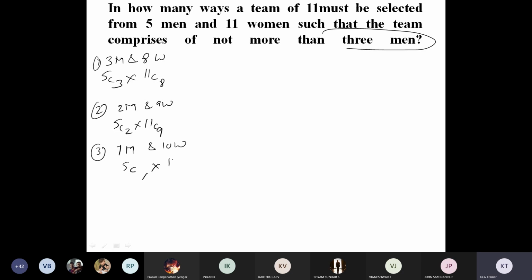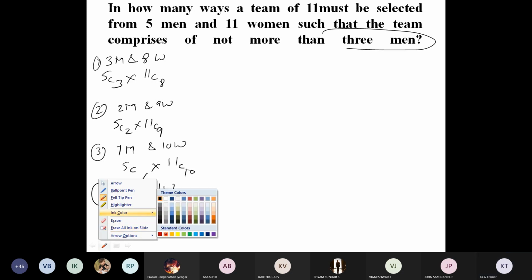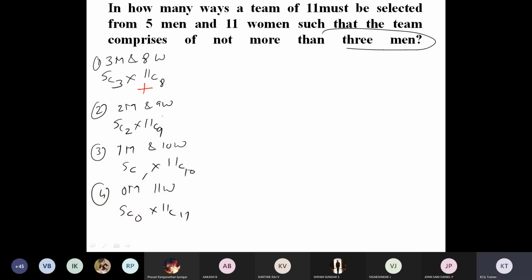Similarly, 5C1 into 11C10. And the last one, 0 men and all 11 women. That is 5C0 and 11C11. And all the answers will be added up.